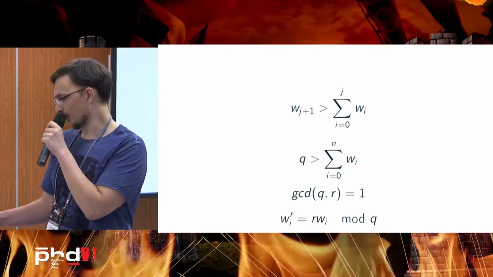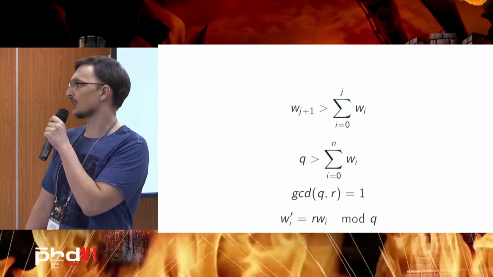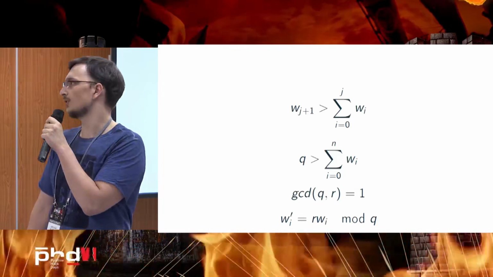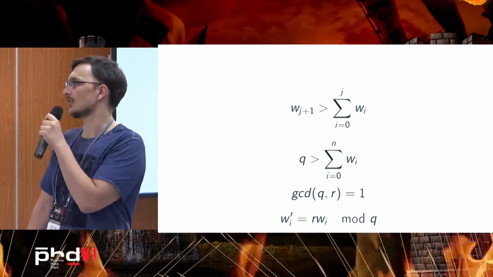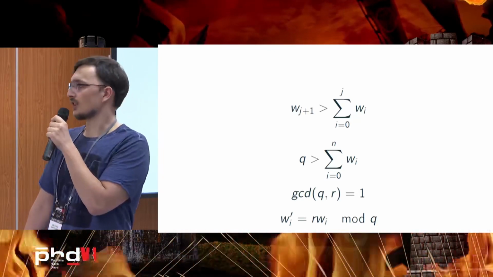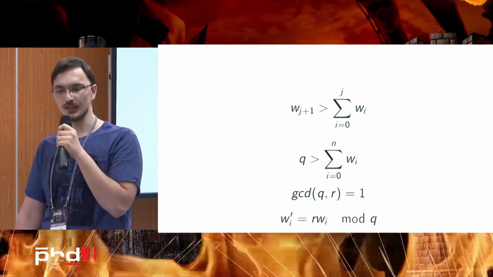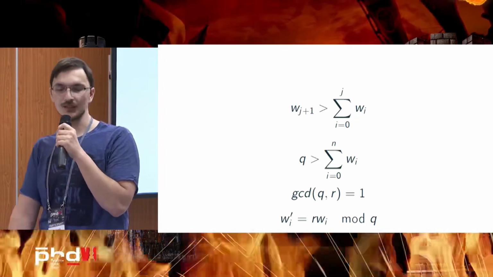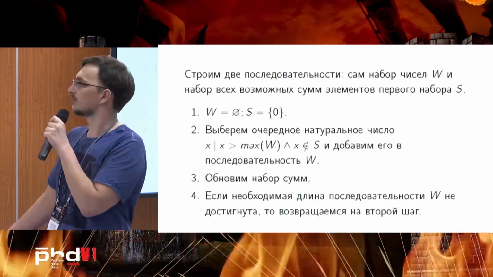Each next weight is more than the sum of all of the previous ones. It is also one of the vulnerabilities of the crypto system. Such weights are allocated sparsely.